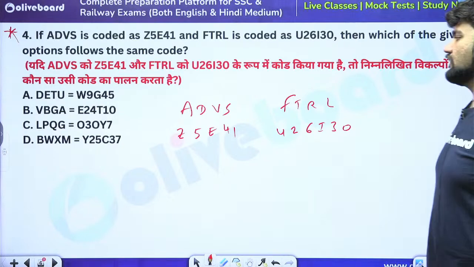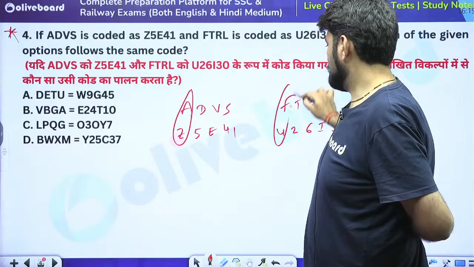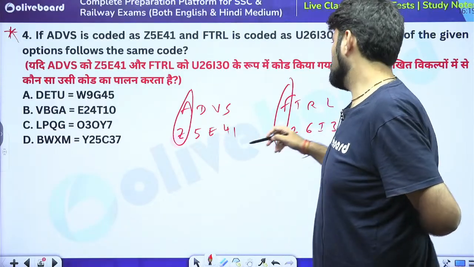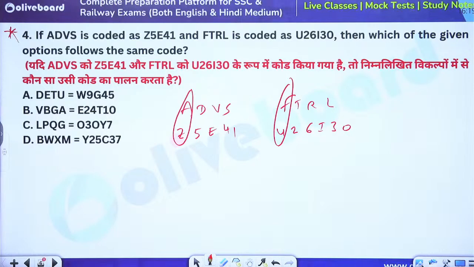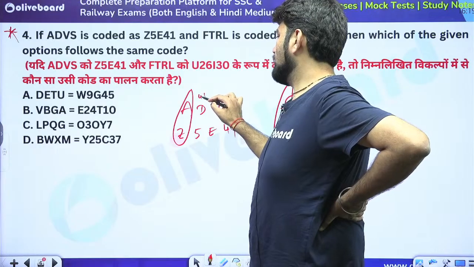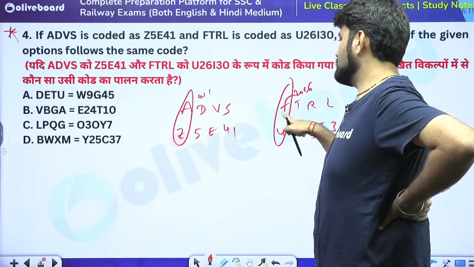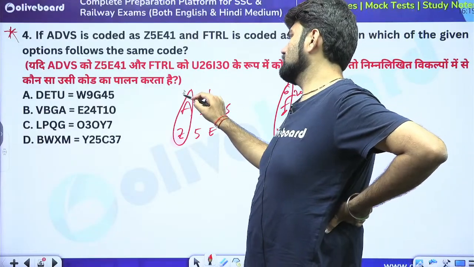Okay, but one thing we can surely see is this is the reverse coding, this is the reverse coding. Okay, and this is D5 plus 1, this is T26. Okay, so I am adding 20, this is D plus 1, this is 4 plus 1, and this is 20 plus 6. Now you look at the left hand side, you will see this is 6. We are adding it here. This is 1. So we are adding it here.